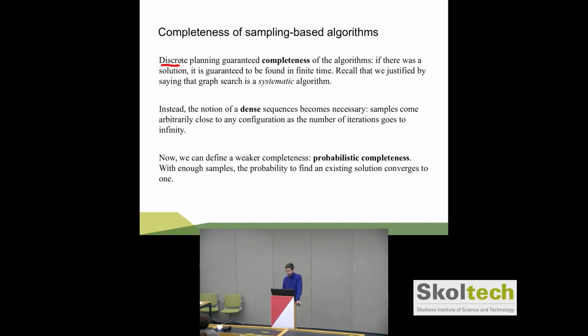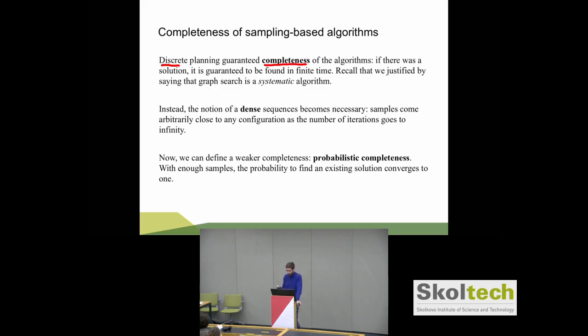In discrete planning, we had guaranteed completeness. Okay, so that means that we have all our states, they were discrete, and this is a set of states. They can still be an infinite number of states, but as long as they are countable, guarantees on finding a solution hold, right?